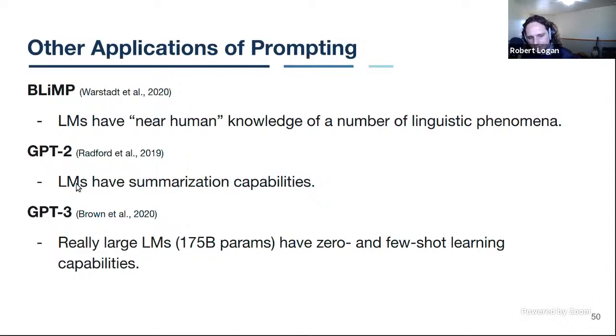Similarly for GPT-3, with these extremely large language models, you can basically take a task, formulate it in text, and the model generally does a pretty good job solving it. So this is a zero or few-shot setting, since you can only add a description of the task or just a few examples illustrating how to solve it.